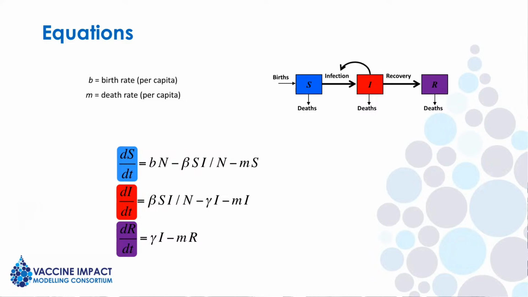And for each of our equations, we've got this mortality. So people in S, I, and R can leave the compartment if they die. We've got our infection term, our recovered term. They both stay the same, but we've got these demographics, and just to remind you that the total population size is N.